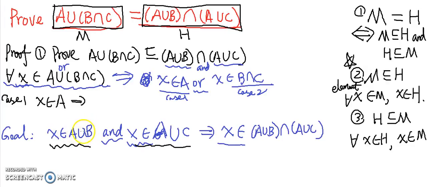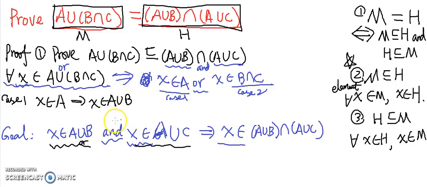And that's of course true, because the definition of union means if x is in A or x is in B, then x is in the union, because this means or. And here in case 1, we already know x is in A, so of course x is in the union. If it's in one of them, it's in the union.